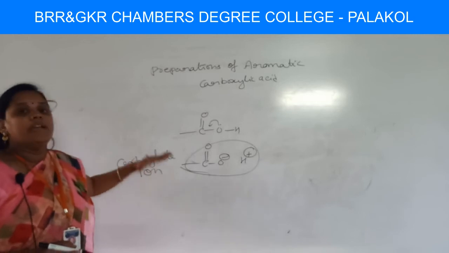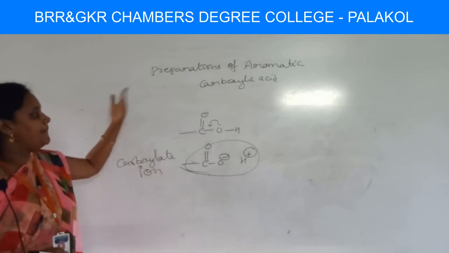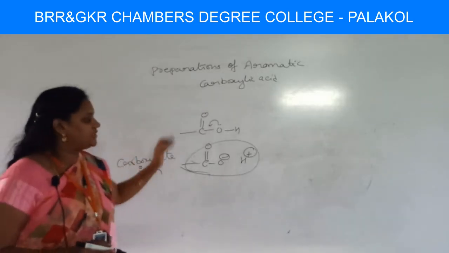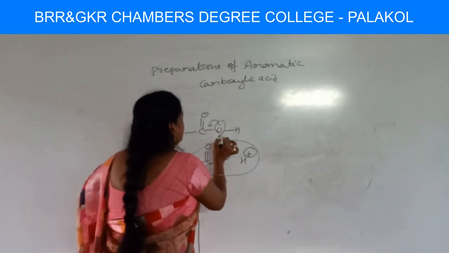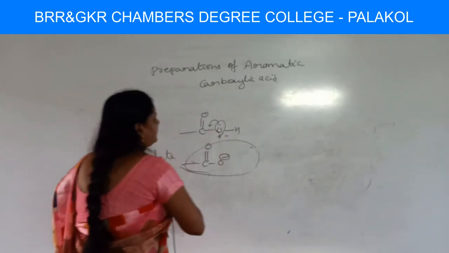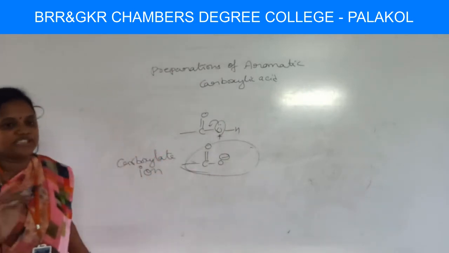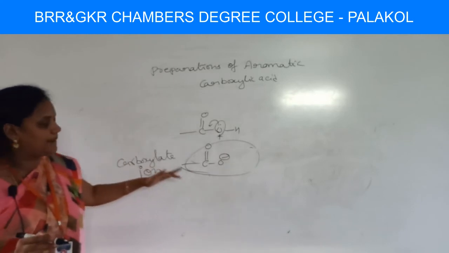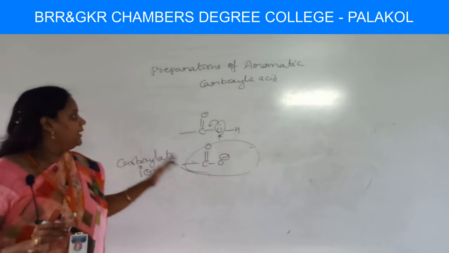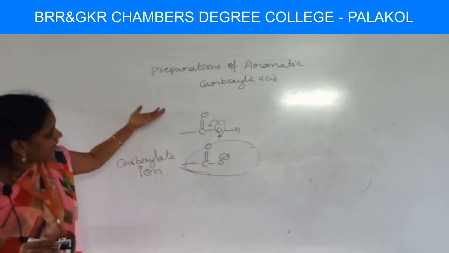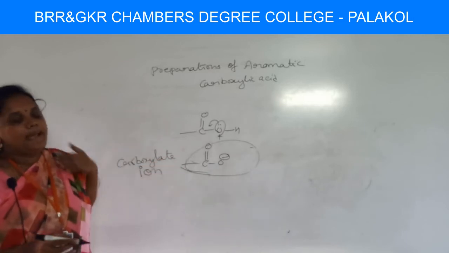In the parent acid, a charge separation is observed, plus and minus, but in the case of carboxylate ions, charge separation is not observed. That's why the carboxylate ion is stronger than the parent acid.